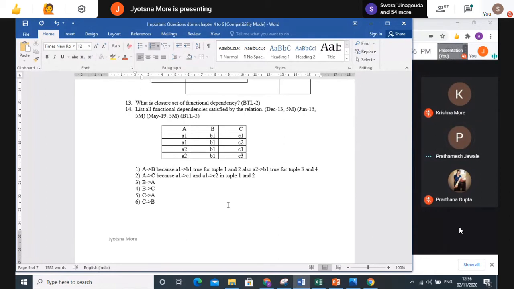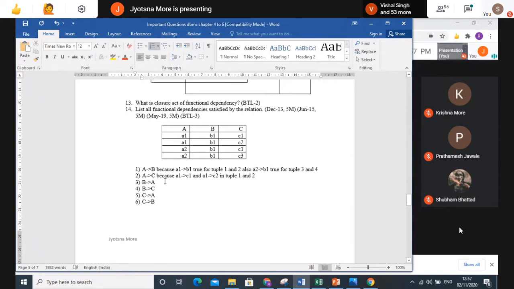But for second and third, it is not true. Prathamesh, in first and second it is true, but B1 is present in third and fourth also, so you have to check for that also. So B1 determines A1 in tuples T1 and T2, but B1 determines A2 in tuples 3 and 4.